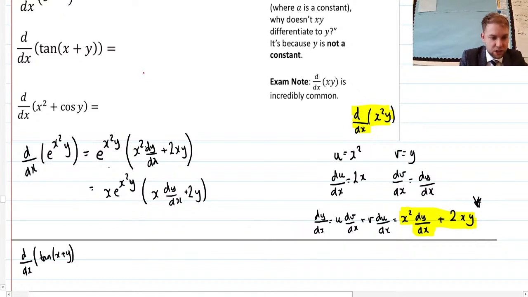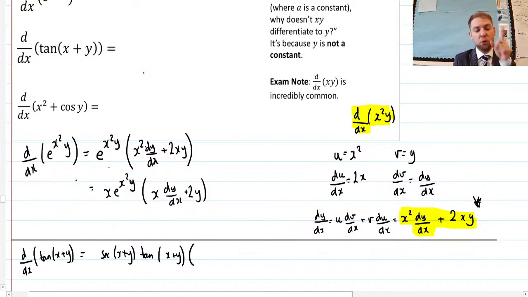So if I differentiate tan, I get sec of x plus y, tan of x plus y, but then I also need to differentiate inside that and multiply by that, which is the x plus y. Now take note, this is x plus y, so it's not a product, so I can just differentiate these separately.